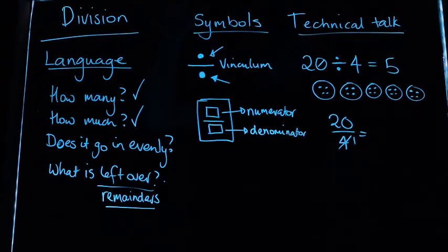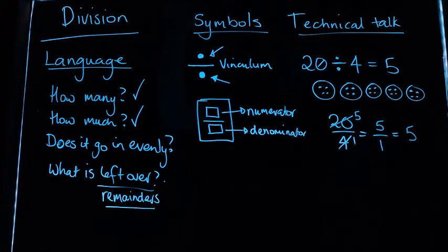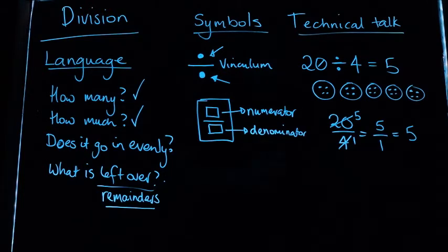We would say once. How many times does 4 go into 20? It goes in 5 times. So the answer there is 5 over 1. But we don't write it like that. We just write it as 5 as a whole number. So to me, they look like very similar things. So I just wanted to provide a sort of link to you.